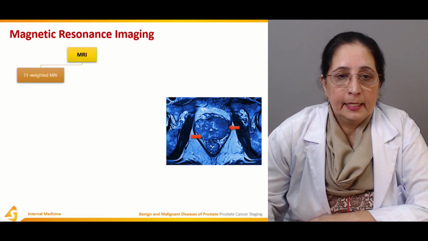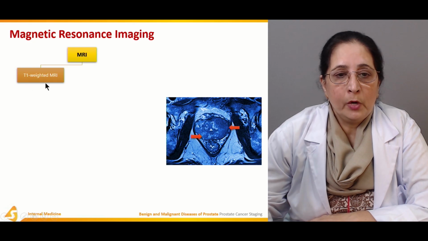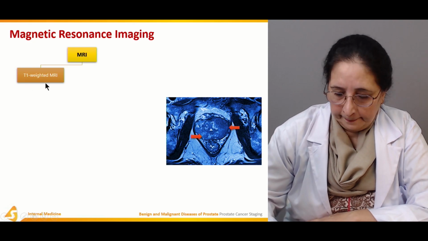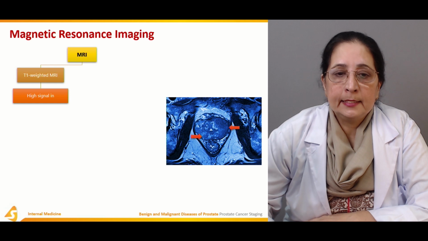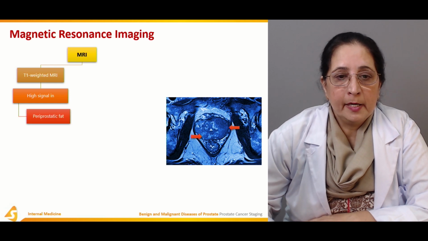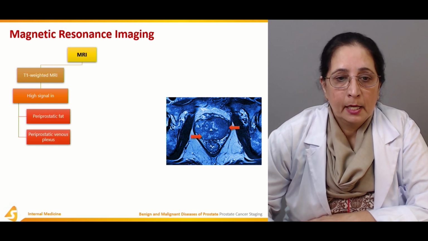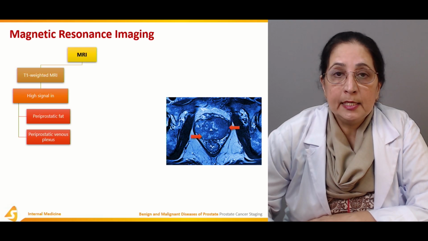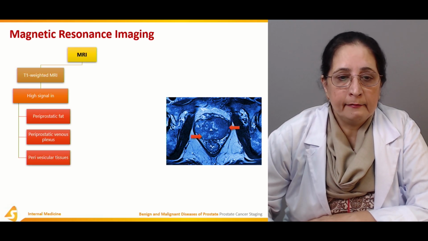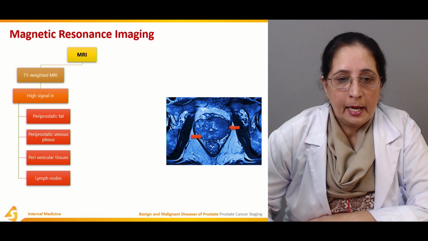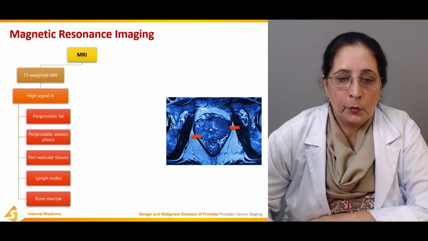T1 weighted MRI shows high signal in periprostatic fat, periprostatic venous plexus, perivesicular tissue, lymph nodes, and bone marrow.